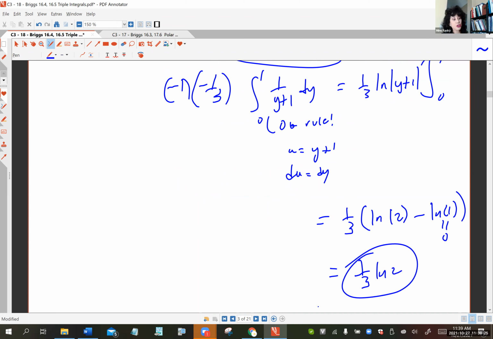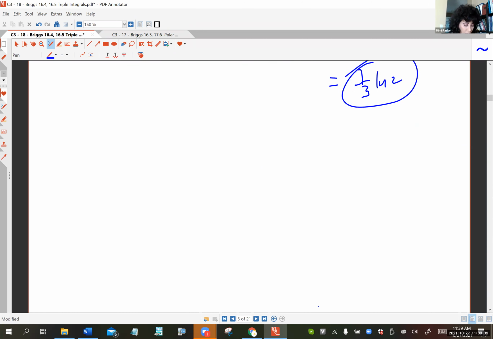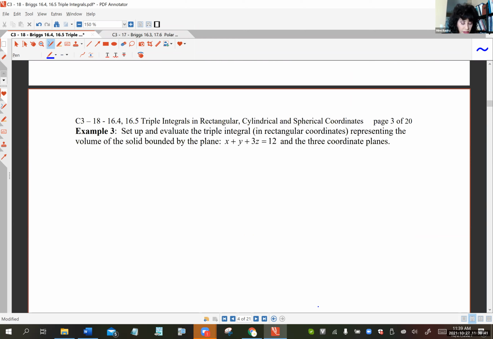Okay, and that's your first look at a triple integral. It's not that hard. I want to do one more example, and then we'll be done. We'll finish this next time. But I want to do one that involves a setup.